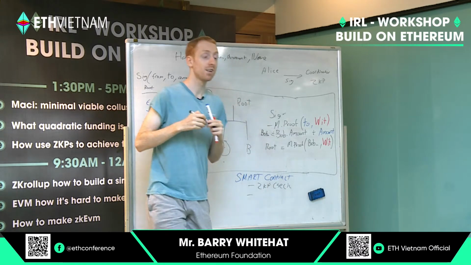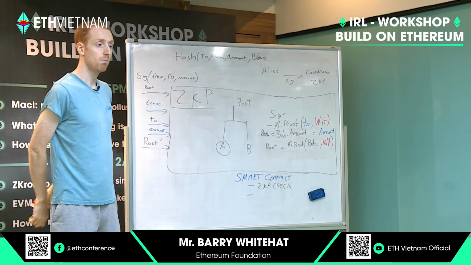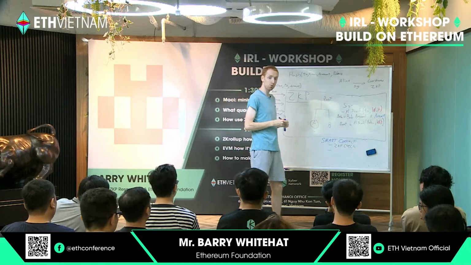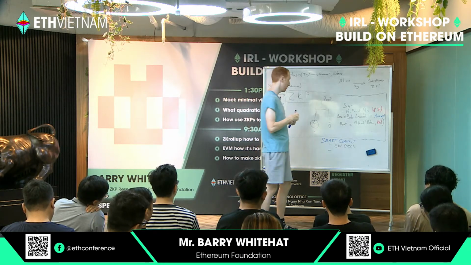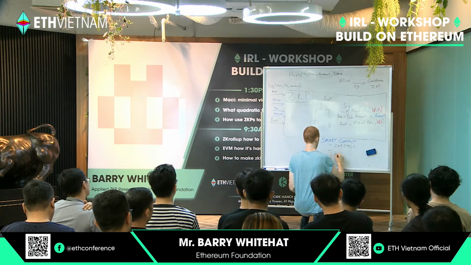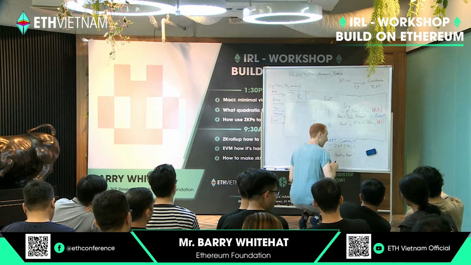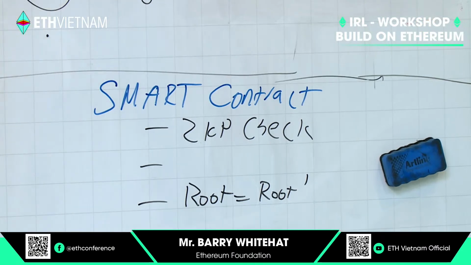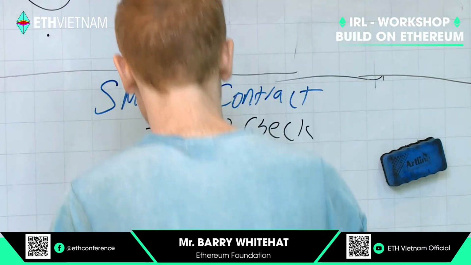What else? Store the root. Yep, we need to check the root. What about the root? We store the root. Root equals root prime. And what else? Yes, we have to check that this root is the current root.